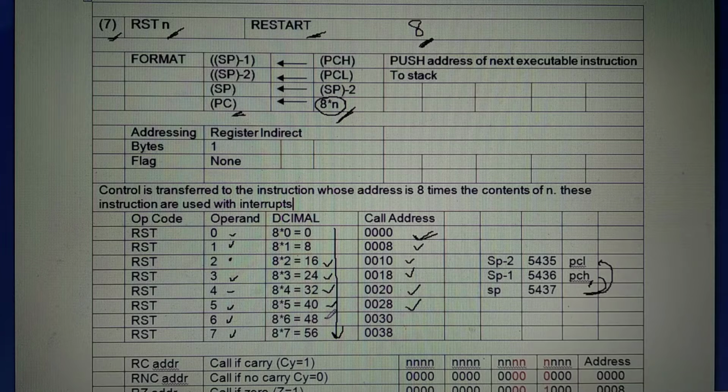For RST6, 8 into 6, 48. In hexadecimal, the call location is 0030. 8 into 7 becomes 56. The call location becomes 0038. That means when restart 0 is there, the call location from which the program is to be executed is 0000.